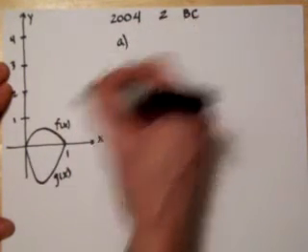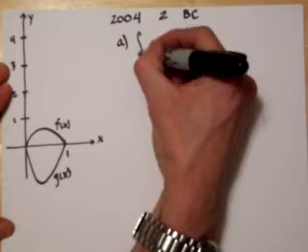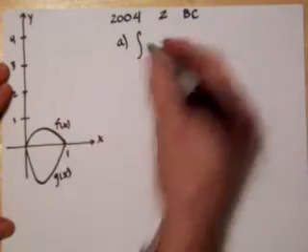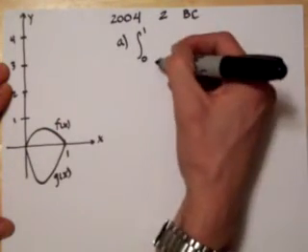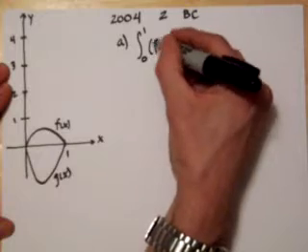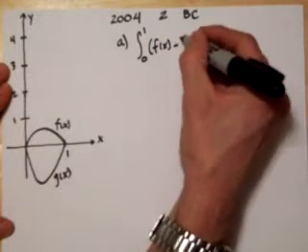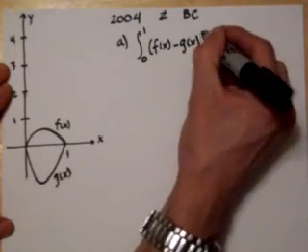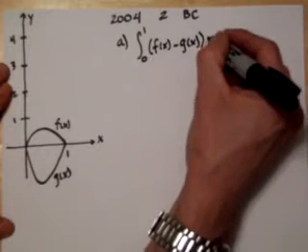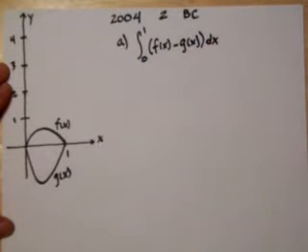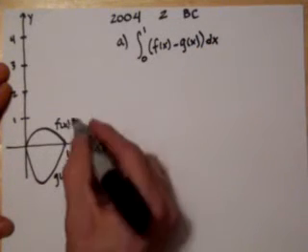So to find that, we want to take the integral from 0 to 1 of the function on top minus the function on the bottom. It's pretty much as simple as that.